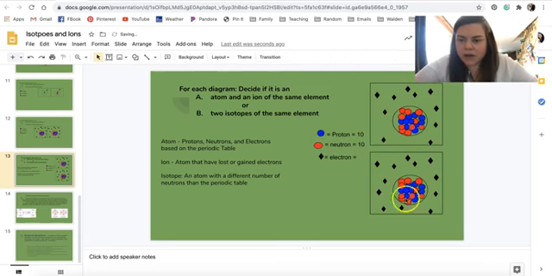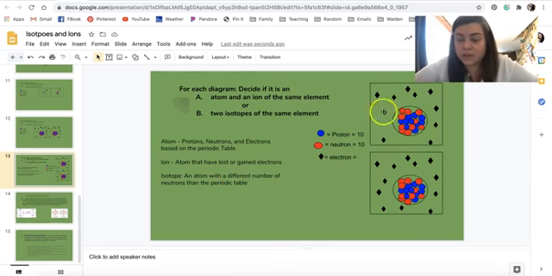And if the bottom one has a different number than 10, we would automatically know that the answer is B, they're two isotopes of the same element, because if they have a different number of neutrons, it would have to be an isotope.